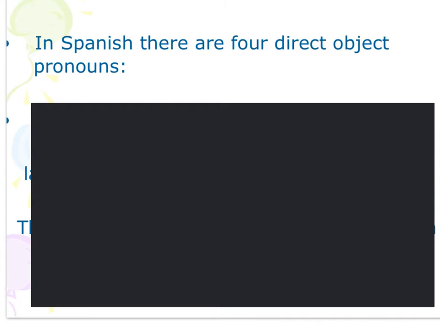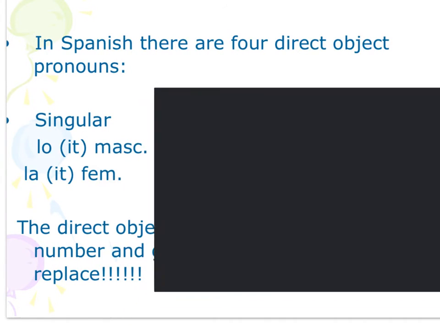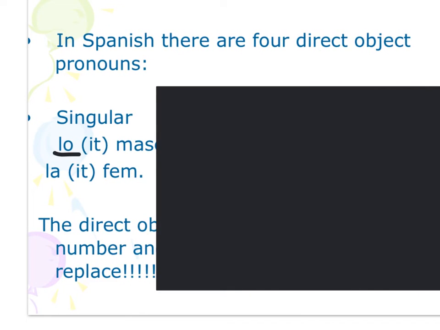So we're going to start off with singular masculine and singular feminine. So first, for singular masculine, your direct object pronoun is lo. For your singular feminine, your direct object pronoun that you're going to substitute is going to be la.